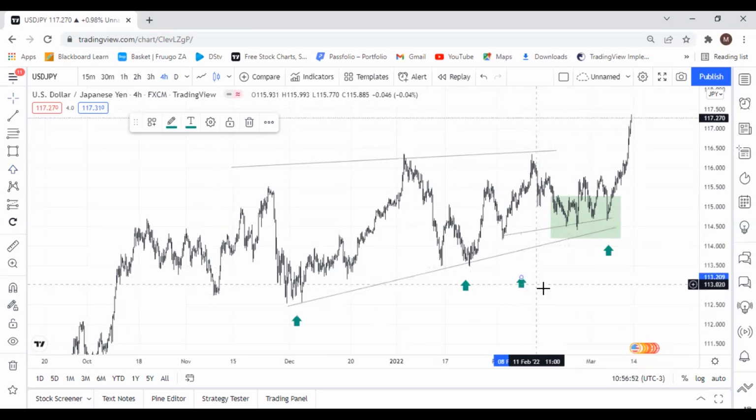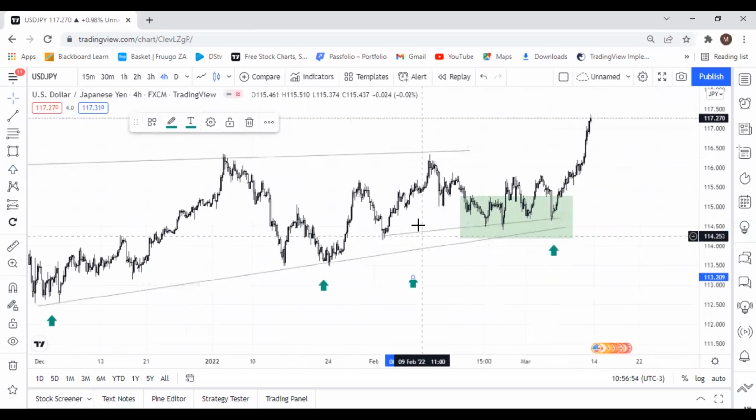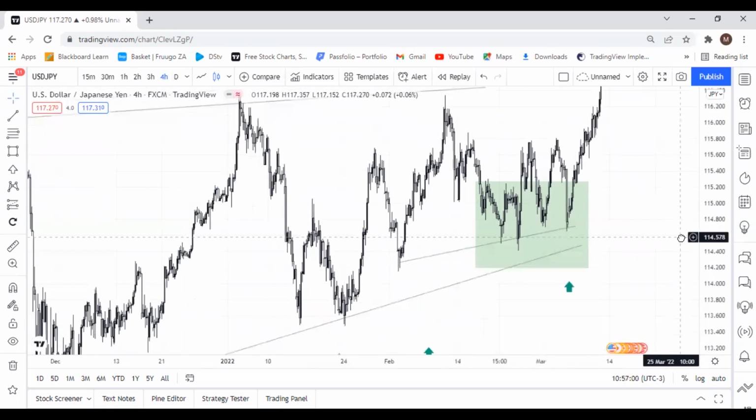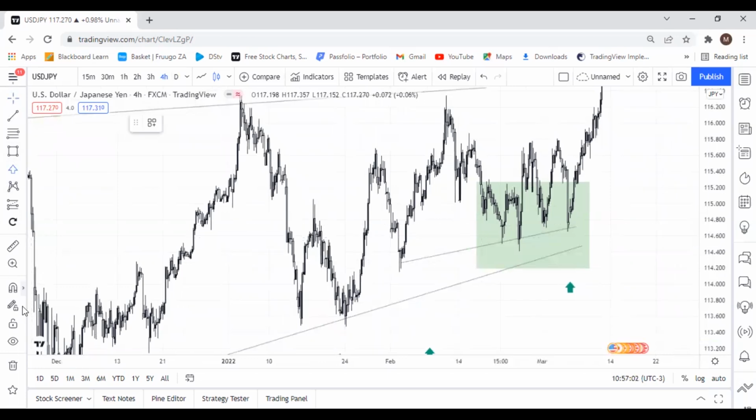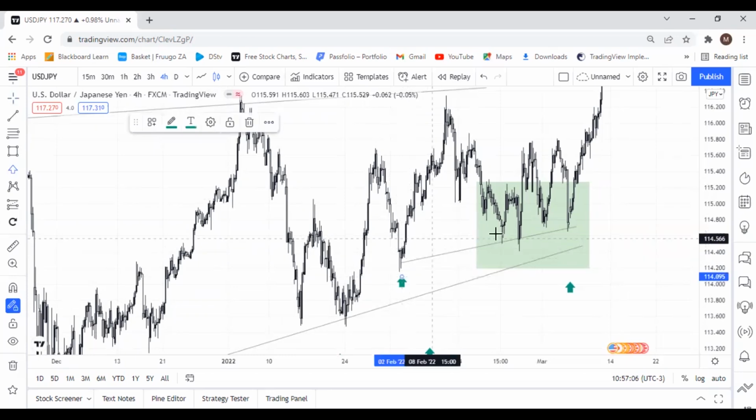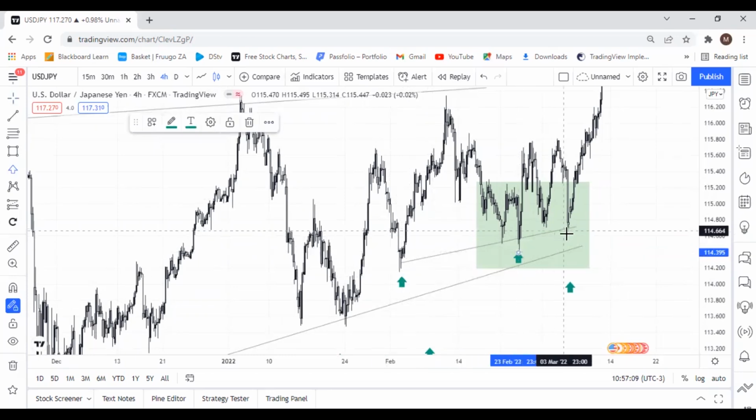So remember, always consider how the price gets to the third touch. In this instance, it got there in a flag within a flag that has three touches as well.